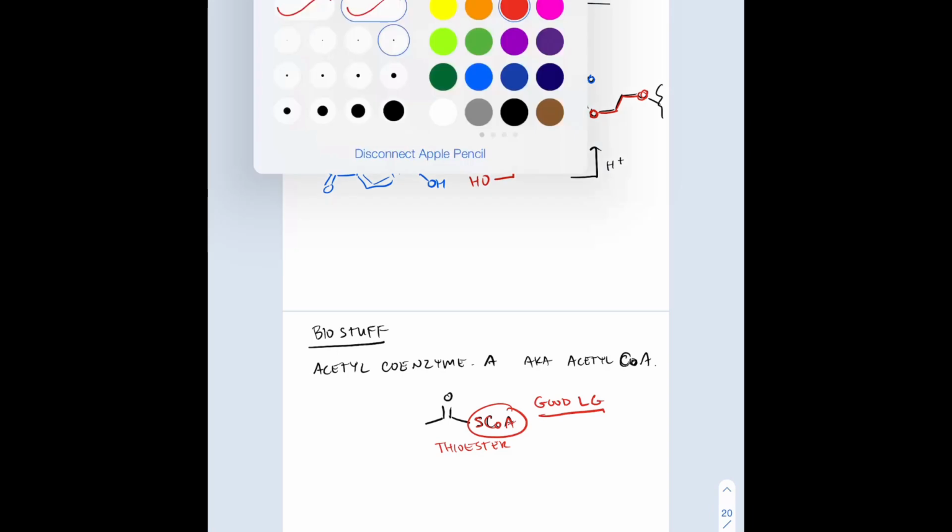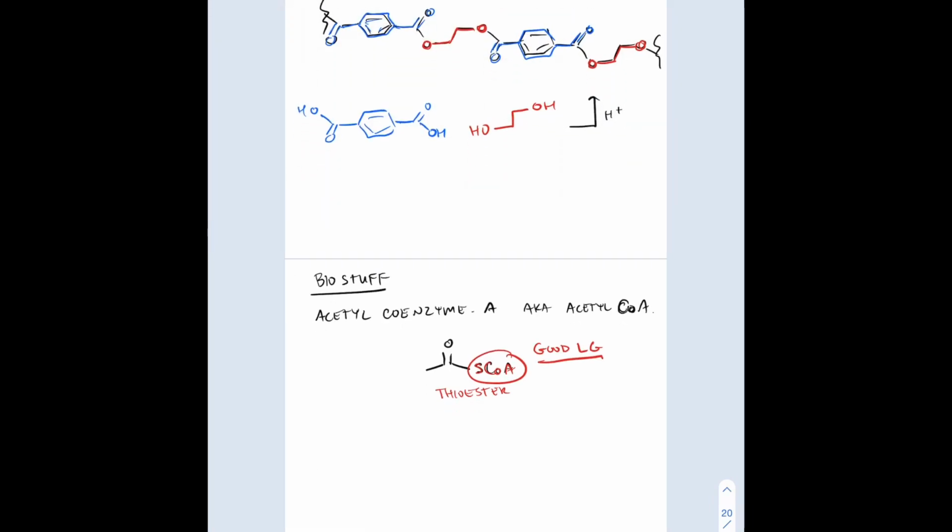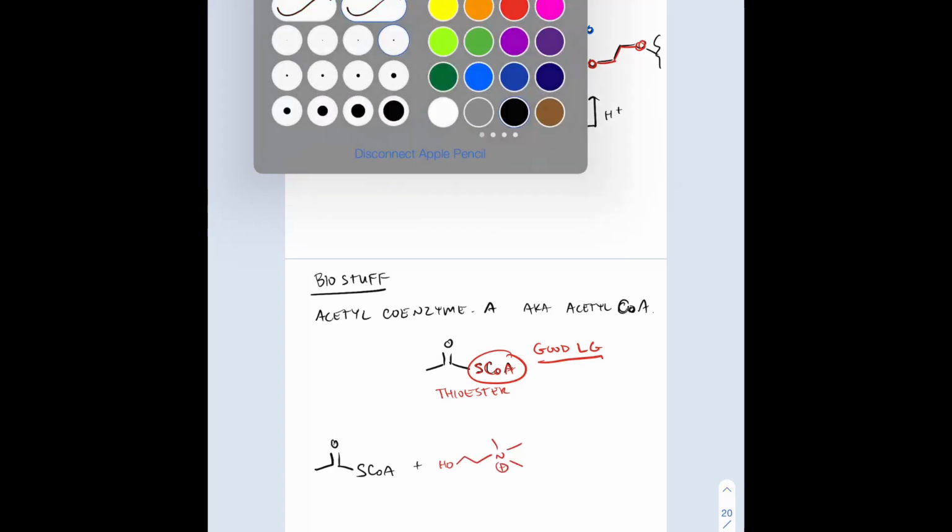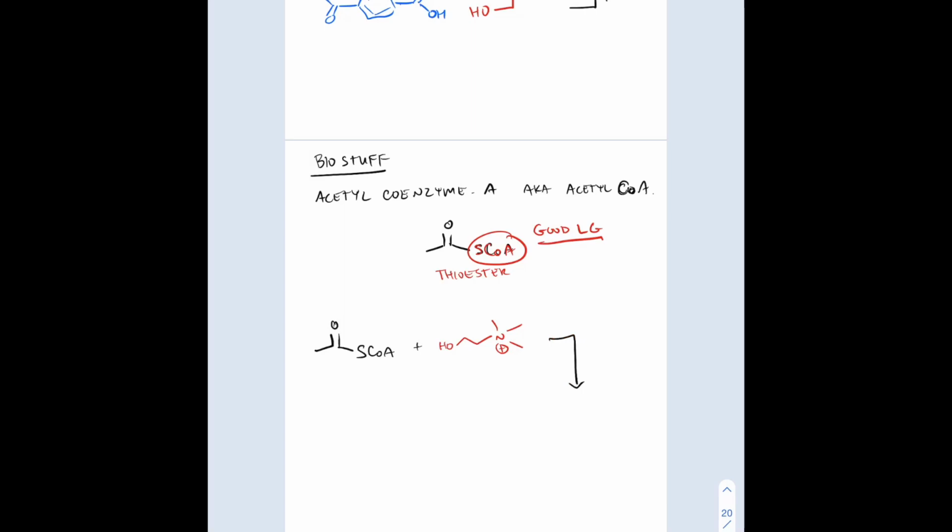And another little quick ditty that I wanted to introduce to you is some more bio stuff. It's acetyl coenzyme A, aka acetyl-CoA. Acetyl-CoA is a thioester, and that SCoA, that coenzyme A, is a good leaving group.